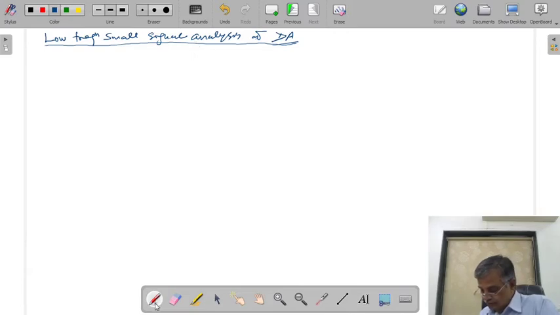Now you already know the function of the differential amplifier is always to amplify the difference of the two input signals. It rejects the common mode signal. DA amplifies this and the differential amplifier rejects the common mode signal. Common mode signal you must be aware, this is called common mode signal.